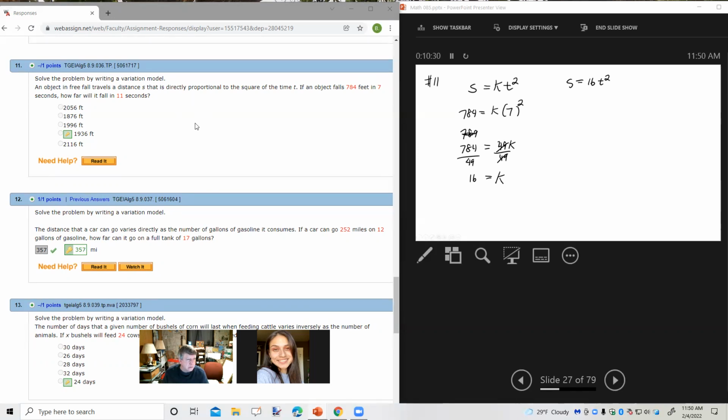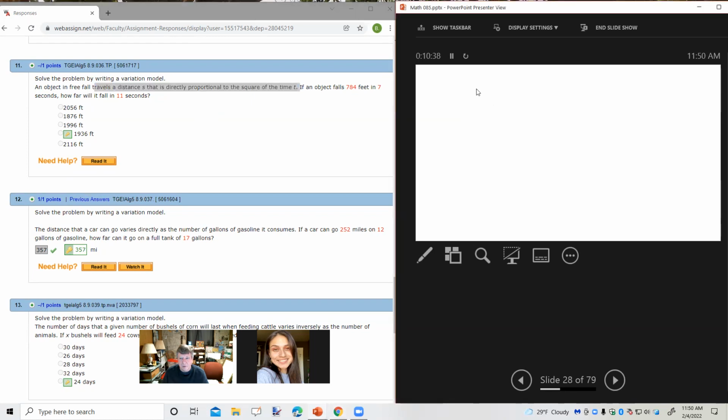So we use this information to set up our formula. Then we plug in the information to determine K. Then we put K back into the general formula to make it specific. Then it says, how far will it fall in 11 seconds?